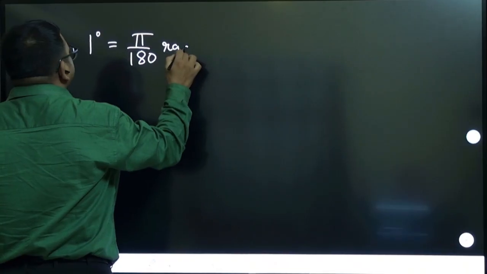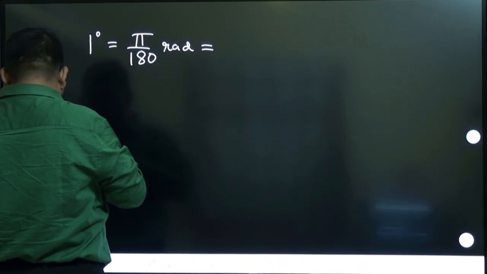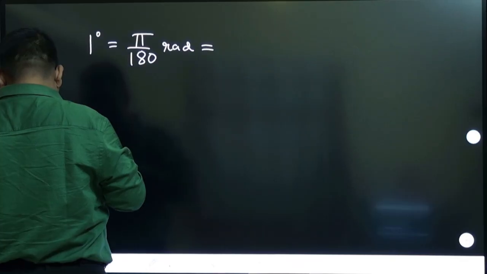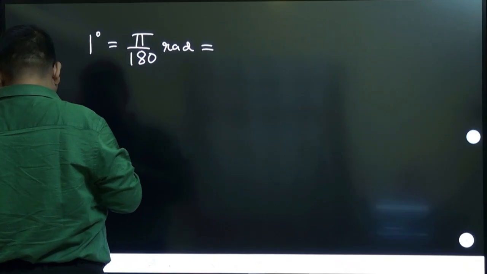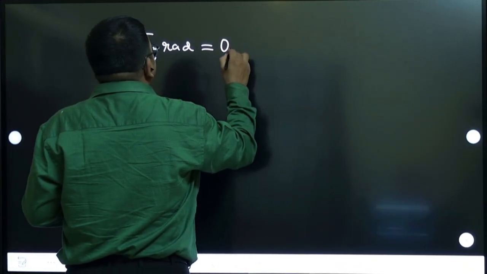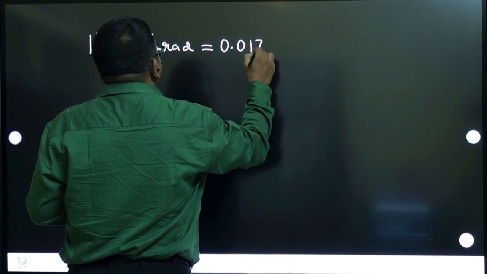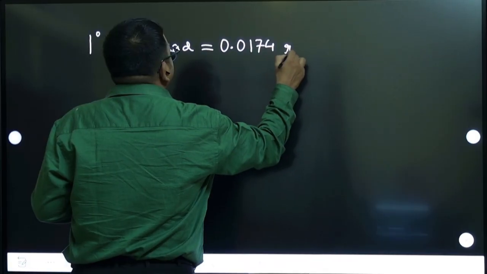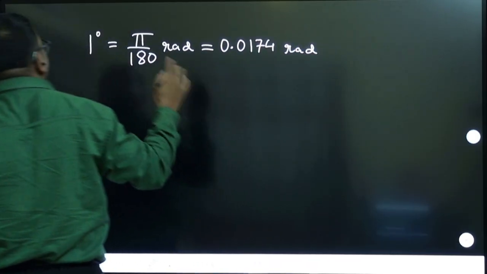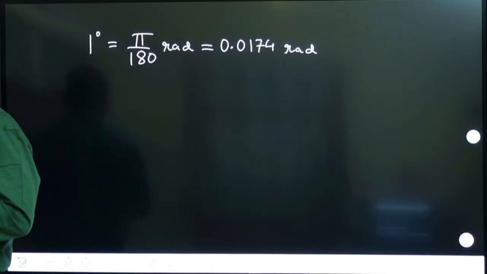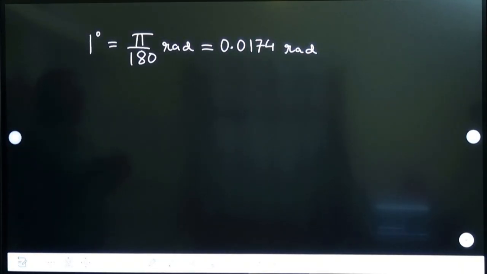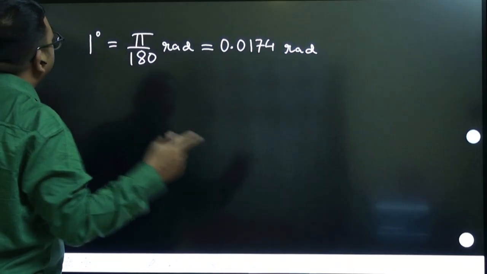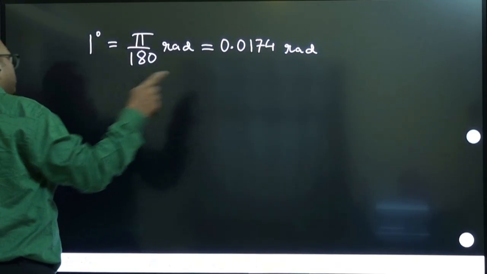Let us convert into values and tell me how much it is. This comes as 0.017, up to 3 digits you can take, otherwise 4 also you can take. This is radian. So 1 degree is so small in radian. Note that 1 degree is 0.0174 radian. Remember this, don't forget.